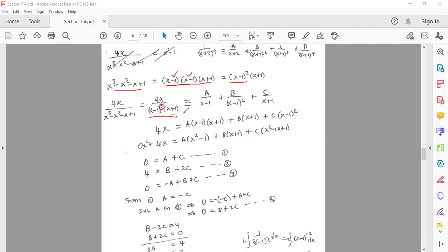The way it works is, again, it's a linear function. Don't get me wrong, everything inside the bracket is linear. So x minus 1 is linear, and then it's raised to some power bigger than 1. In that case, we say the factors are repeated linear factors. So you start with, again, a single constant: A over x minus 1, raised to the power of 1, B over x minus 1 raised to the power of 2, and you stop there.